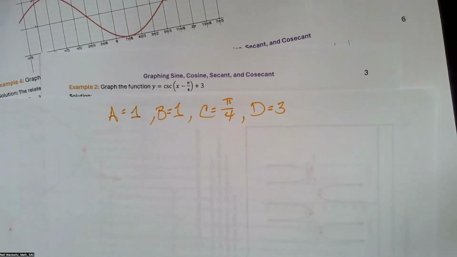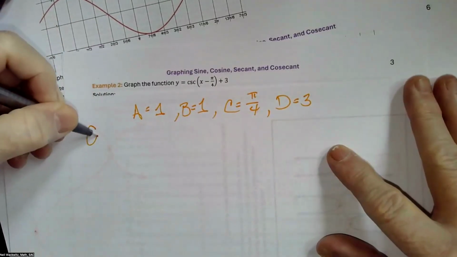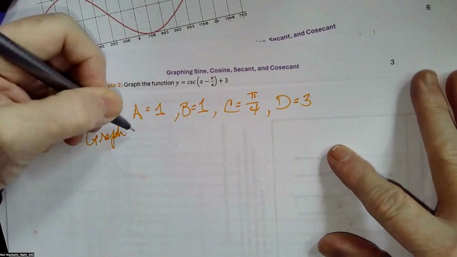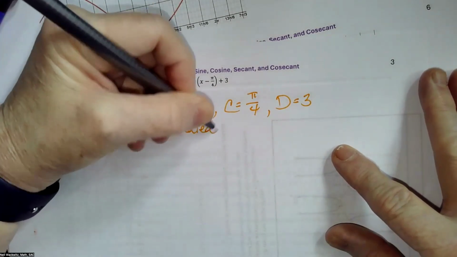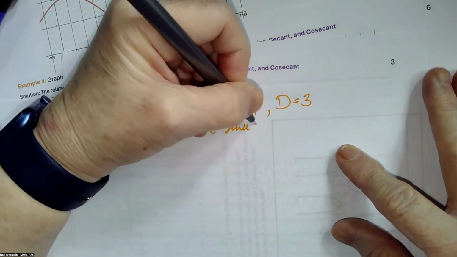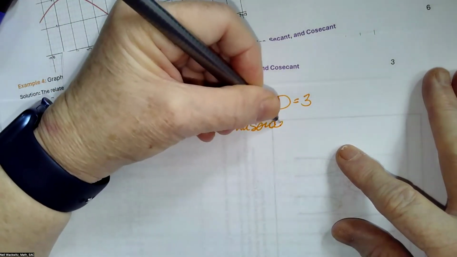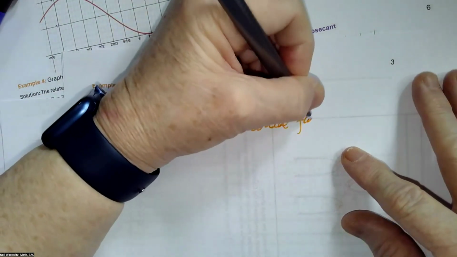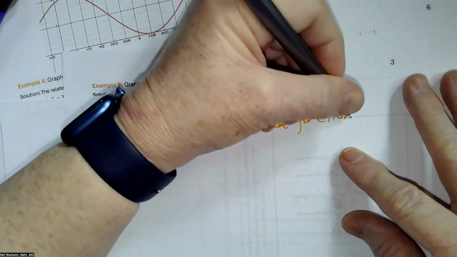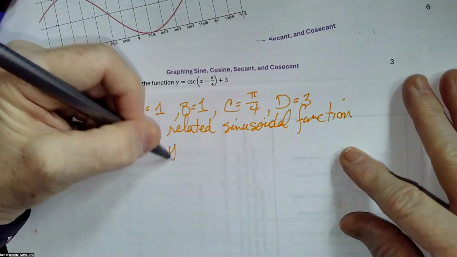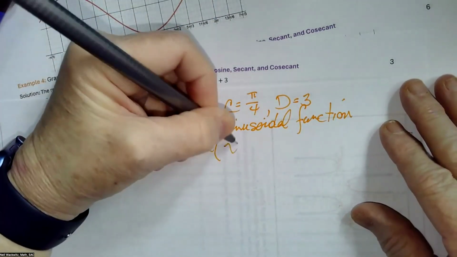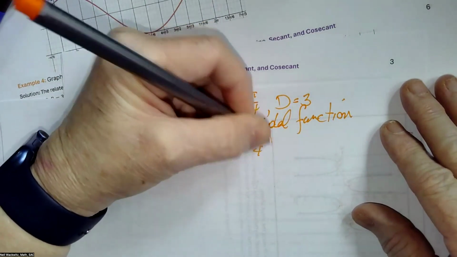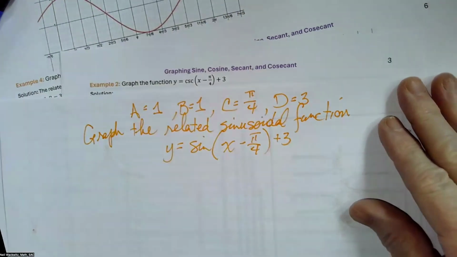So even though cosecant is not sinusoidal, we are going to graph the related sinusoidal function, which we've said a million times is y equals sine of x minus pi over 4 plus 3.